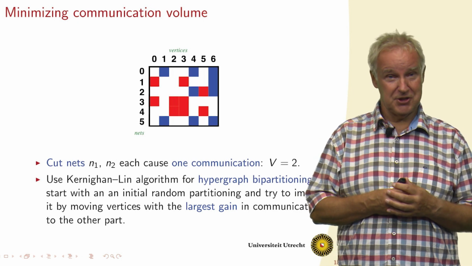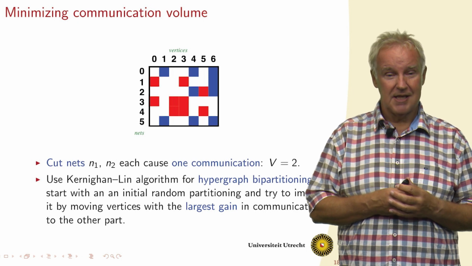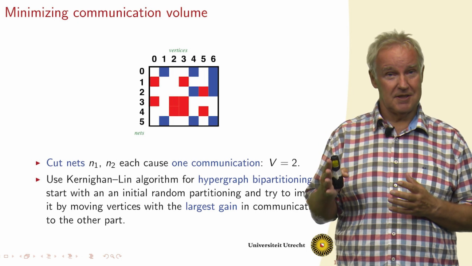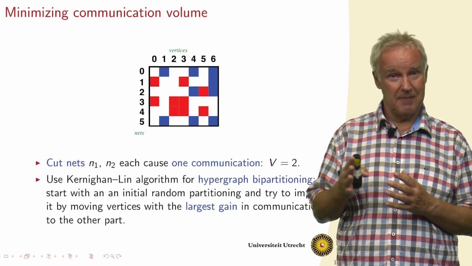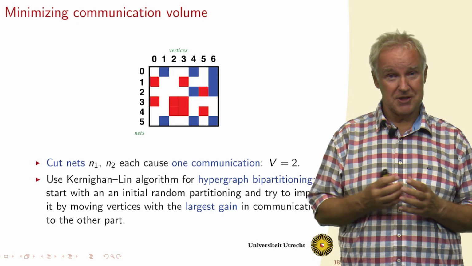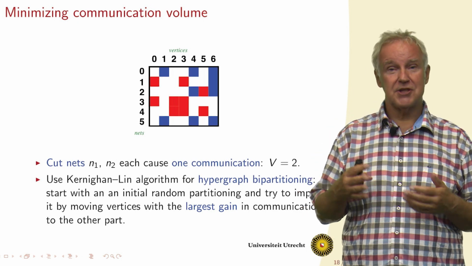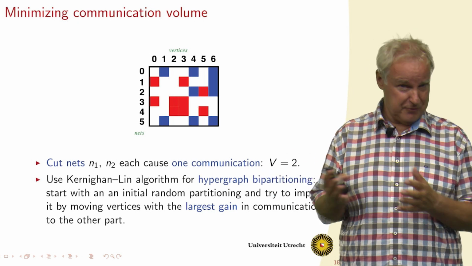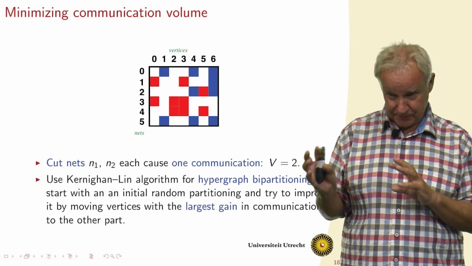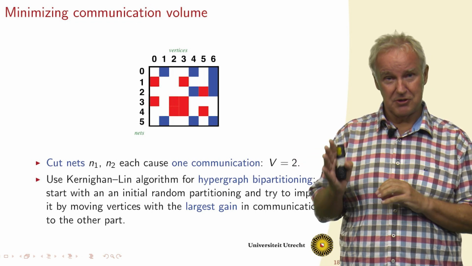A method to achieve this is from the 70s by Kernighan and Lin. They partition the matrix first by randomly assigning the vertices to processors, and then perform a series of moves. They actually used swap moves, but Fiduccia and Mattheyses improved the algorithm, and they perform just single moves.